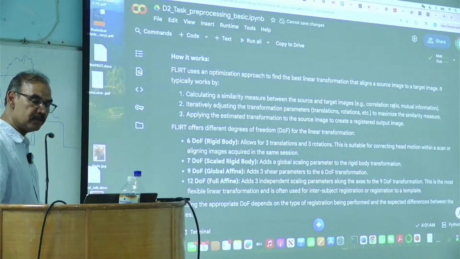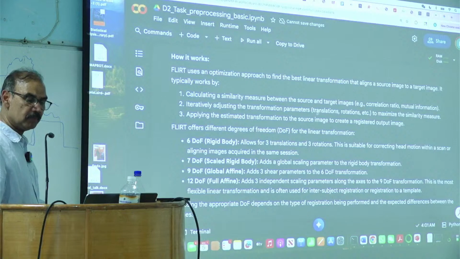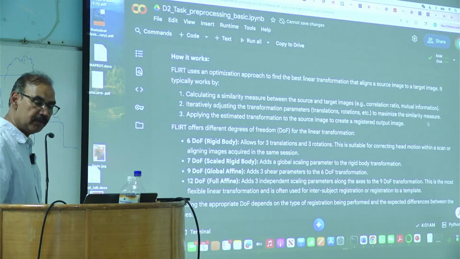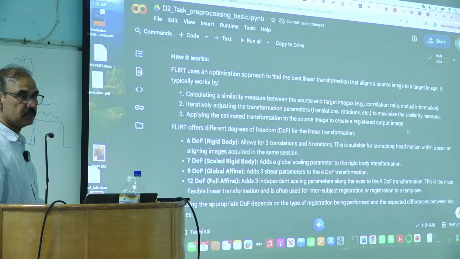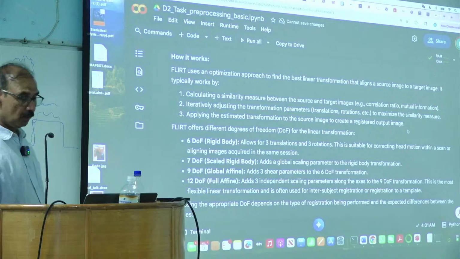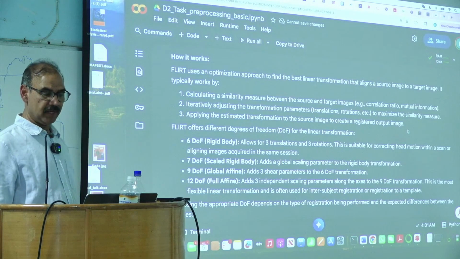It can be correlation ratio, mutual information, and then iteratively adjusting the transformation parameters, the translation and rotation, to maximize the similarity measure, applying the estimated transformation to the source image to create a registered output image, right? So that is, as I said, it does this iteratively.